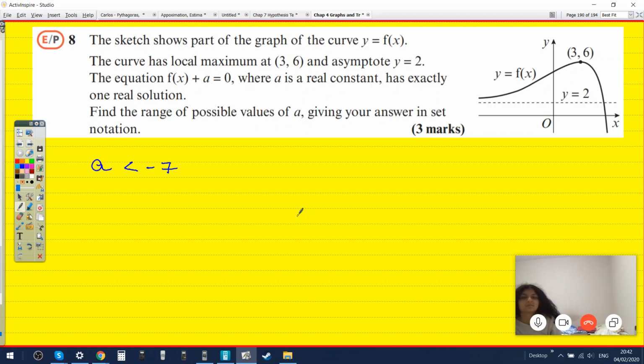Oh, sorry, we need to keep at least one root. So we have to keep at least one root. Let's see. So we're going to have one root between here and here. If it moves 3 down, you'd get 2 real roots, I think.